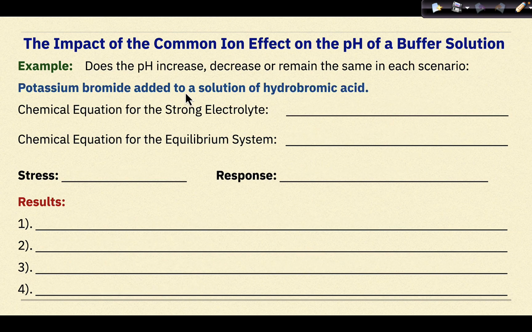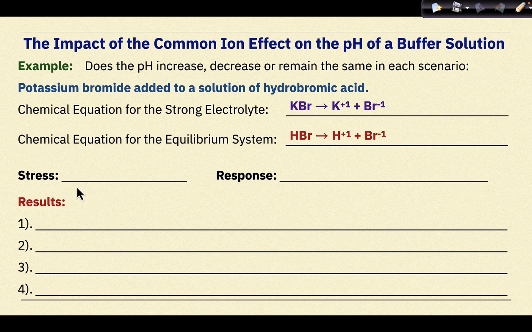Potassium bromide added to a solution of hydrobromic acid. The chemical equation for the strong electrolyte is KBr dissociating into K+1 and Br-1 ions. The chemical equation for the equilibrium system is the strong acid HBr ionizing to form hydrogen ions and bromide ions.